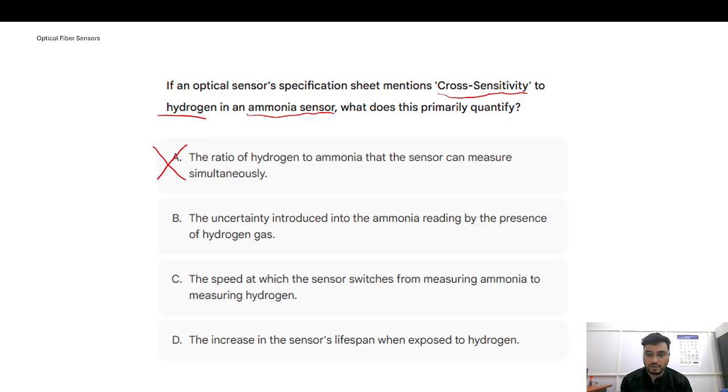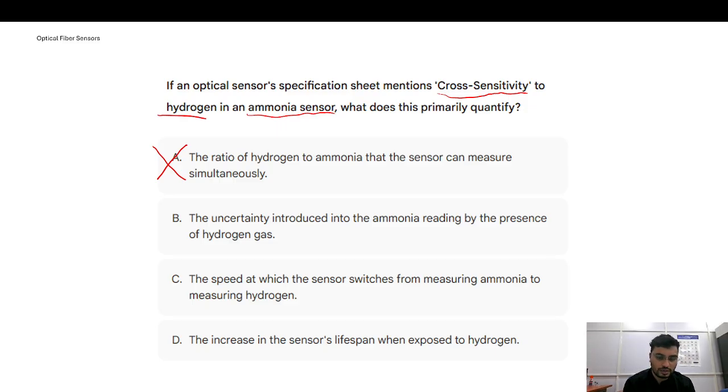The ratio of hydrogen to ammonia that the sensor can measure simultaneously. It can't measure that, because the optical sensor for ammonia is standardized, but for hydrogen it is not. And if it is happening together, then it will make problems for ammonia sensing.